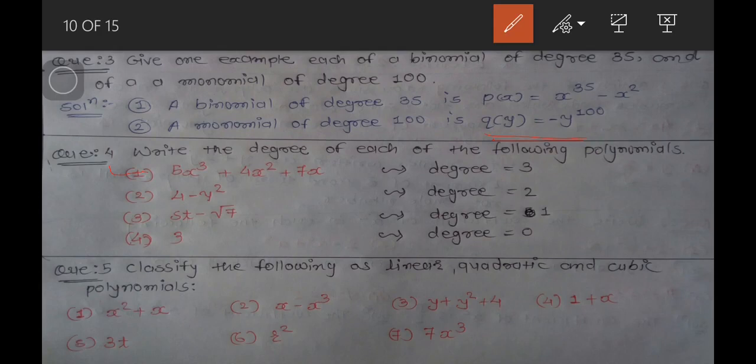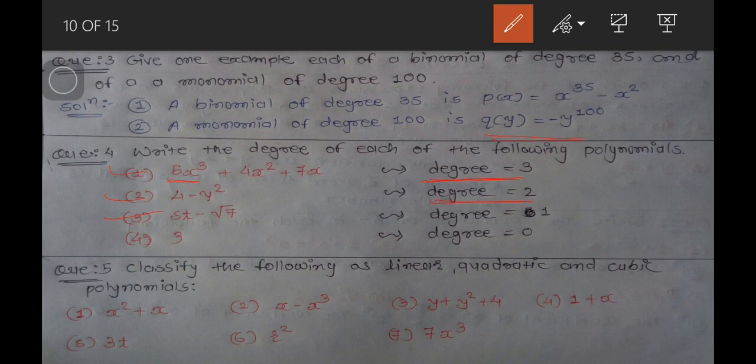You can see that in this polynomial the first term 5x raised to cube has the highest power 3. Then the degree of polynomial is equal to 3. Next, 4 minus y square. Then the highest power of this polynomial is 2. Then the degree of polynomial is 2.